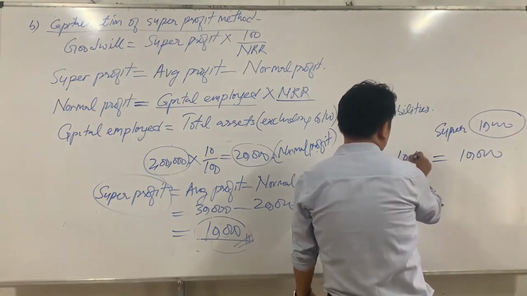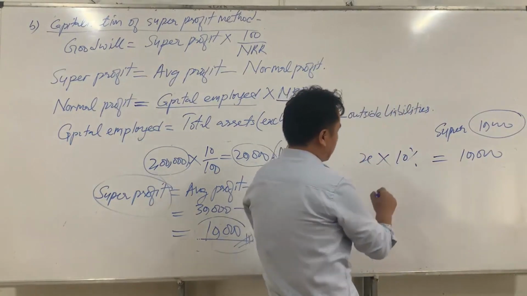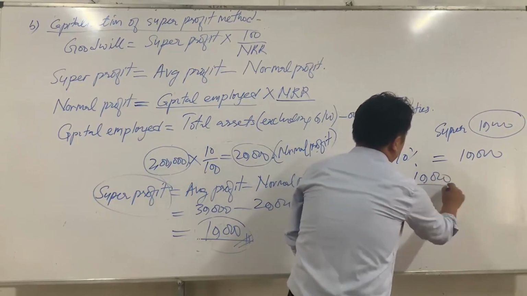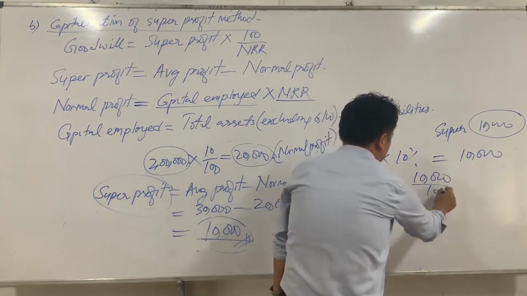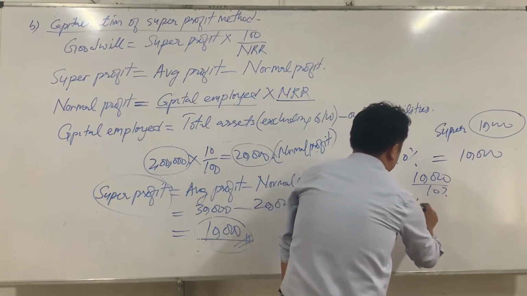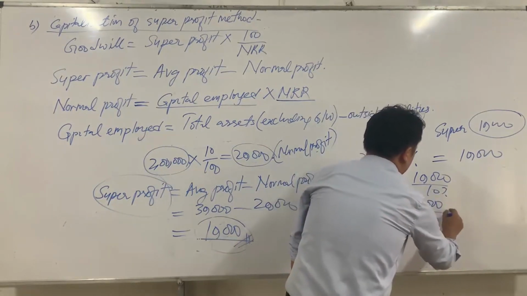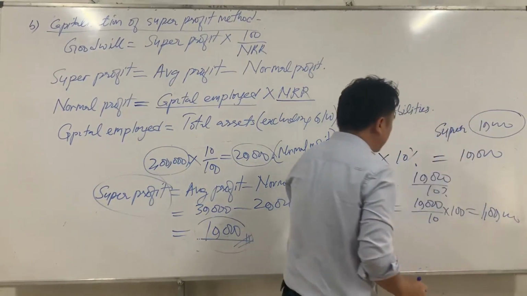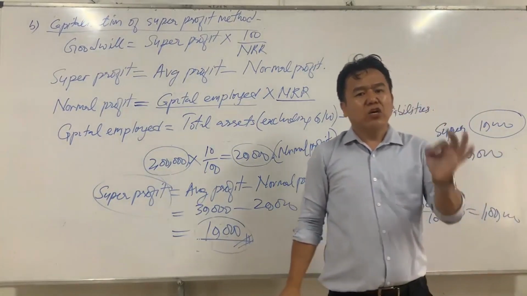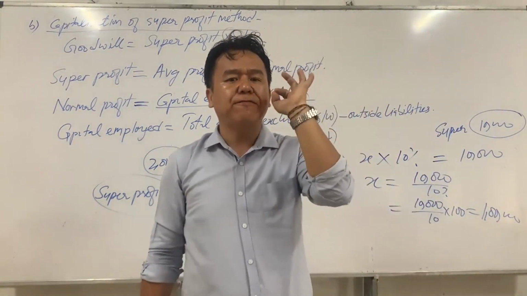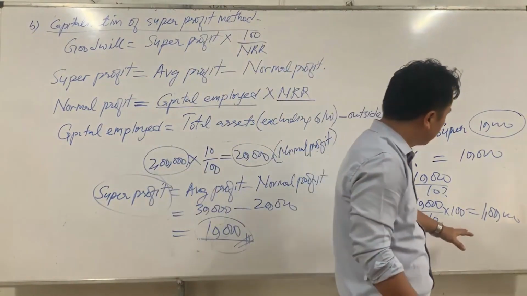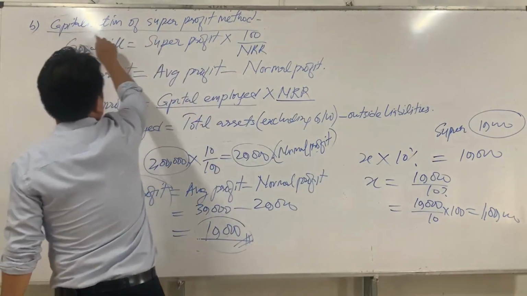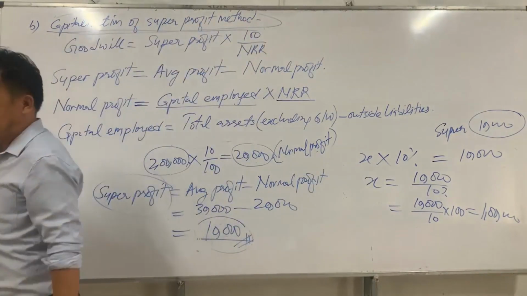X is equal to 10,000 divided by 10%, which is 10,000 divided by 10 by 100, which is 1 lakh. So the value of X is 1 lakh, which is nothing but goodwill of the firm. This is how we calculate a firm's goodwill by using the capitalization of super profit method.